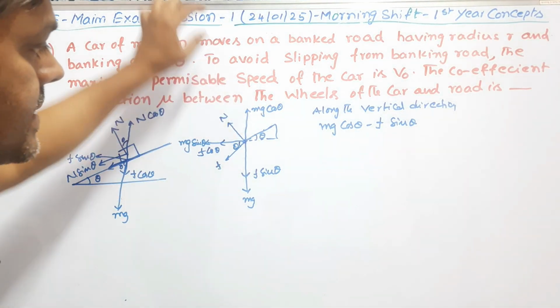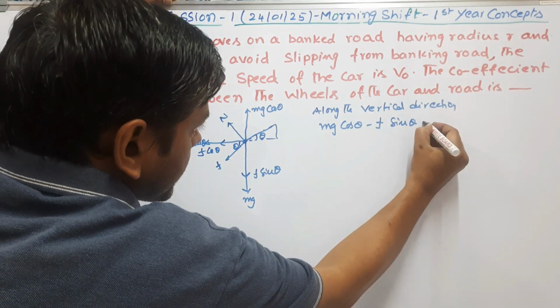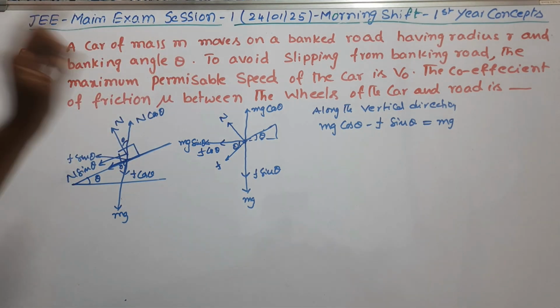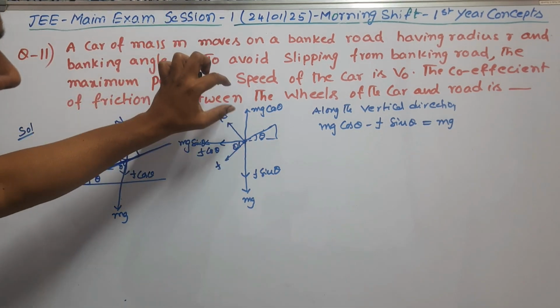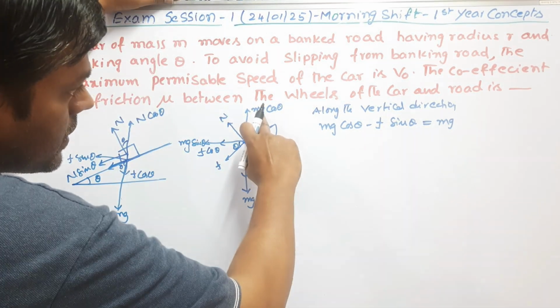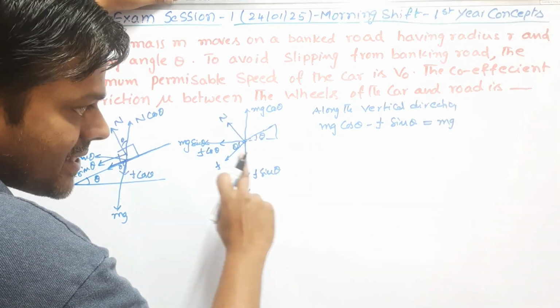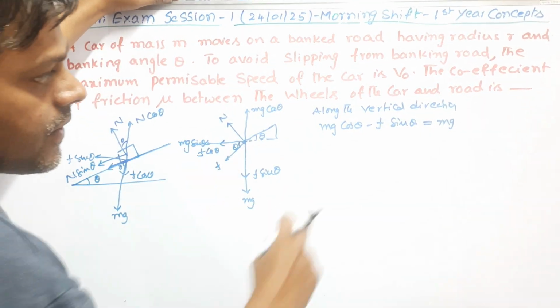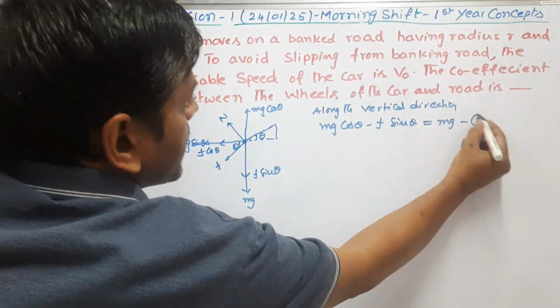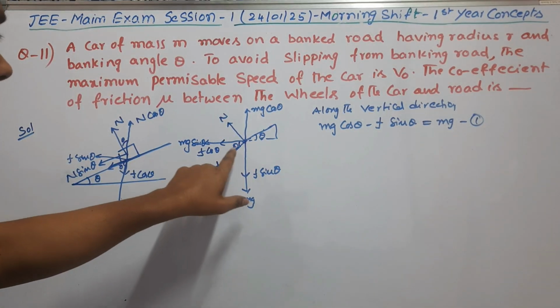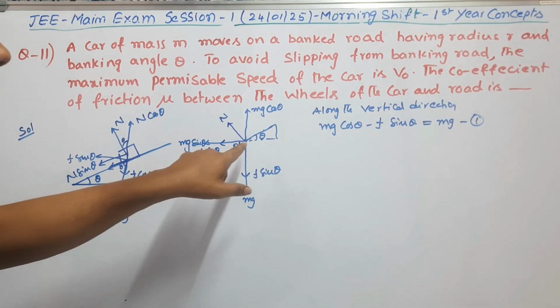These two balance the weight, because there is no vertical motion. This is equation 1. Next, along the horizontal.